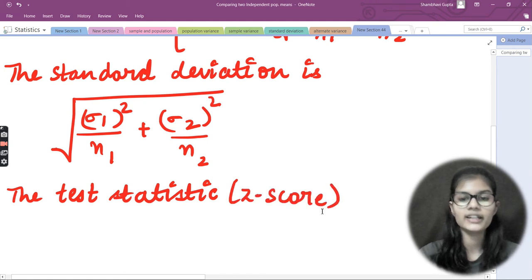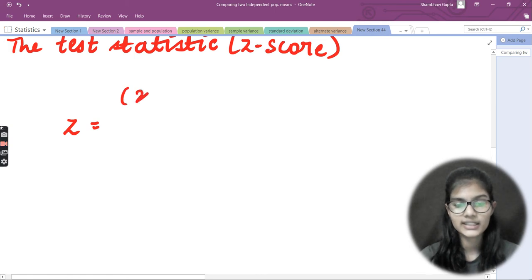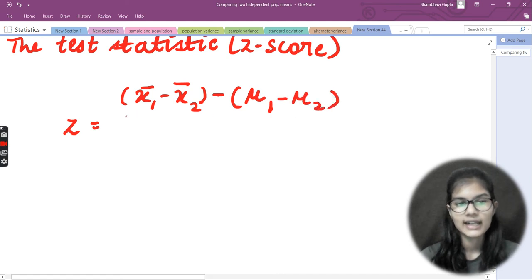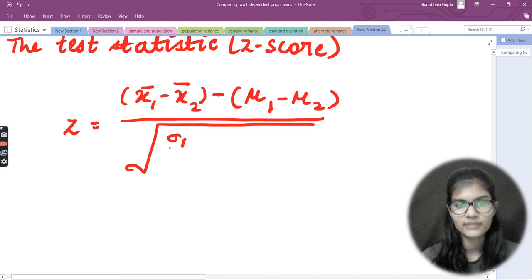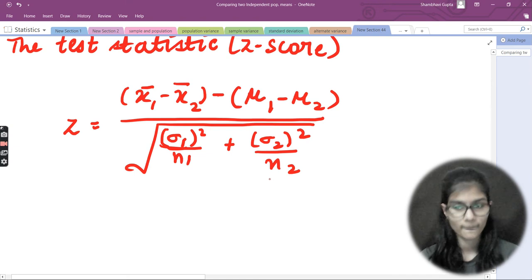Now I would write z is equal to, and the formula for this is x1 bar minus x2 bar, in brackets, minus mu1 minus mu2, and all of this is divided by the square root of sigma 1 squared upon n1 plus sigma 2 squared upon n2, right?